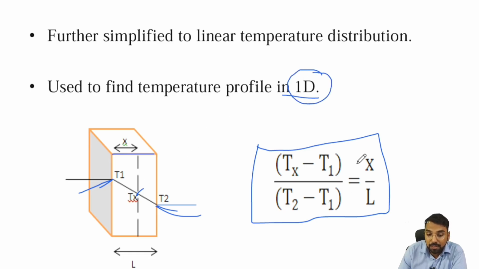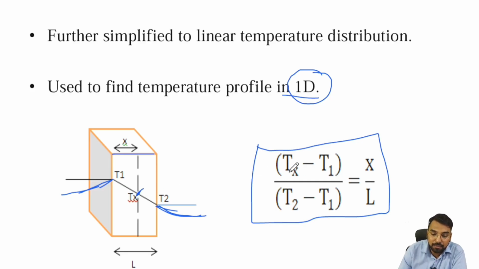In two dimensions this equation will be another type, but for only the one-dimensional equation, if we know the temperature of one side and the temperature of the other side, and we have to find the in-between temperature, then this equation will help us.